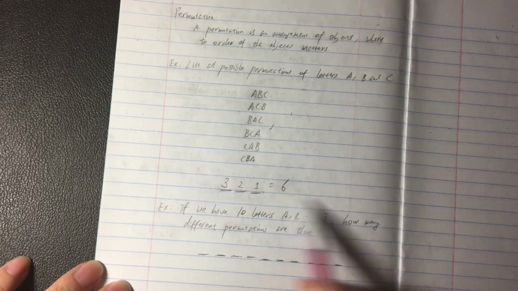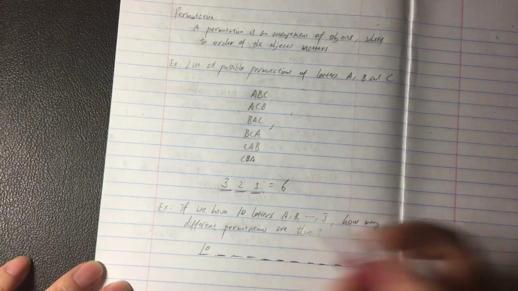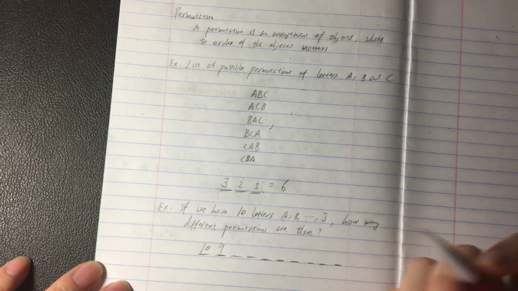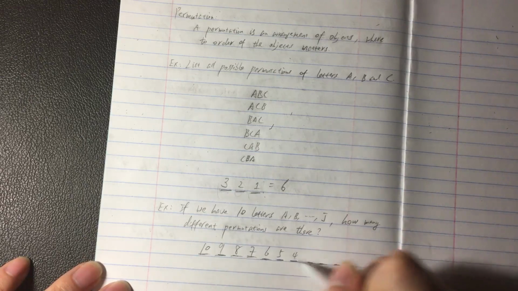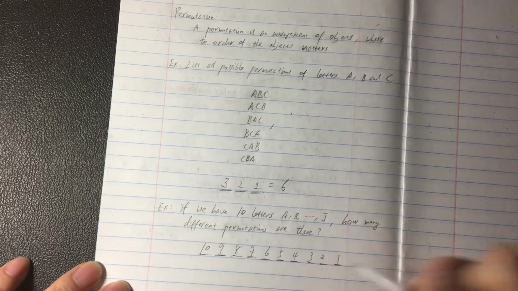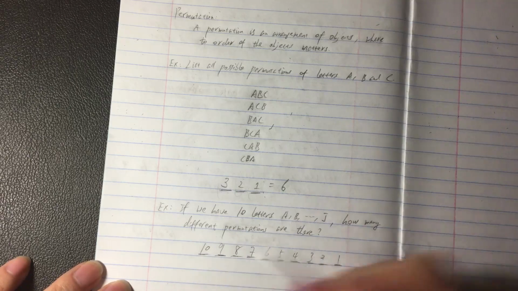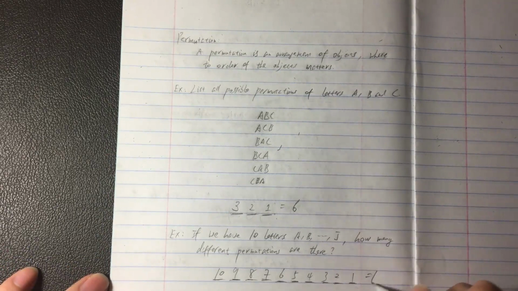I can use any one of these 10 letters, so there are 10 choices. In how many ways can we choose the second letter? Since I used one already, there are only 9 letters left, so there are 9 choices. Then 8 choices, 7, 6, 5, 4, 3, 2, 1. By the counting principle, we multiply them out. If we multiply all these 10 numbers together, it's 10 factorial.